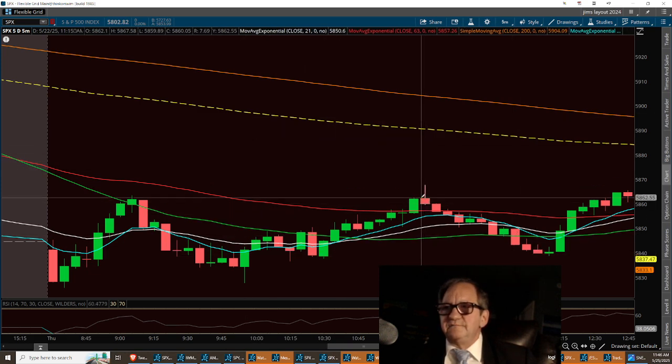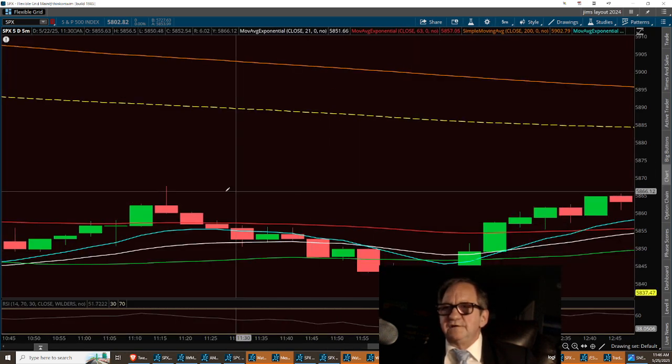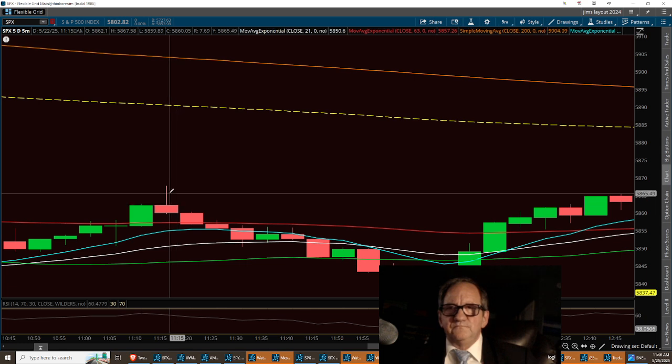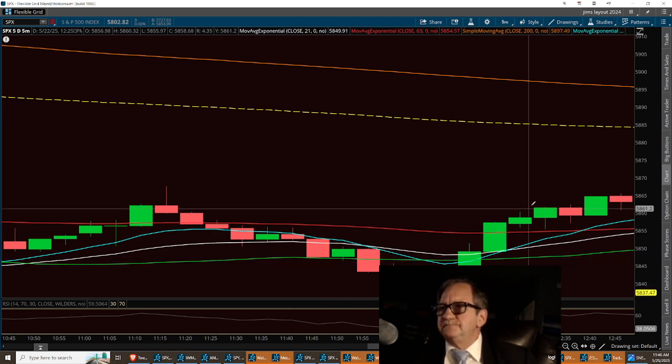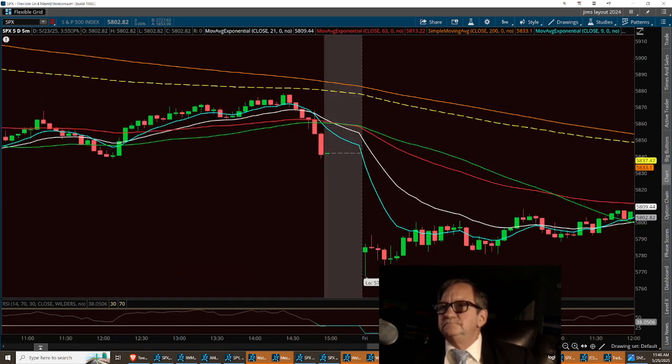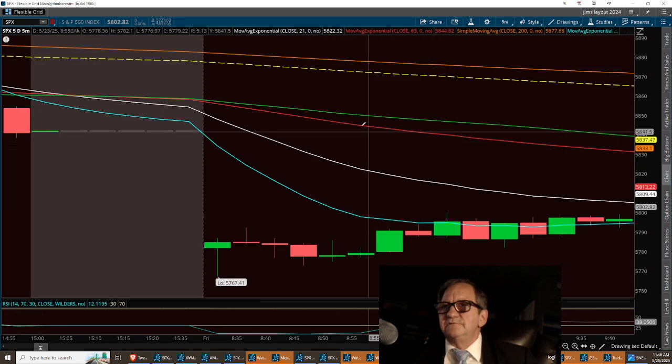So you got right here, a tweezer top with an inverted hammer, which is a bearish sign. It runs on the way down, and you can get out at the tweezer bottom. Tweezer bottom. Tweezer top. So then you got a tweezer top right into close.